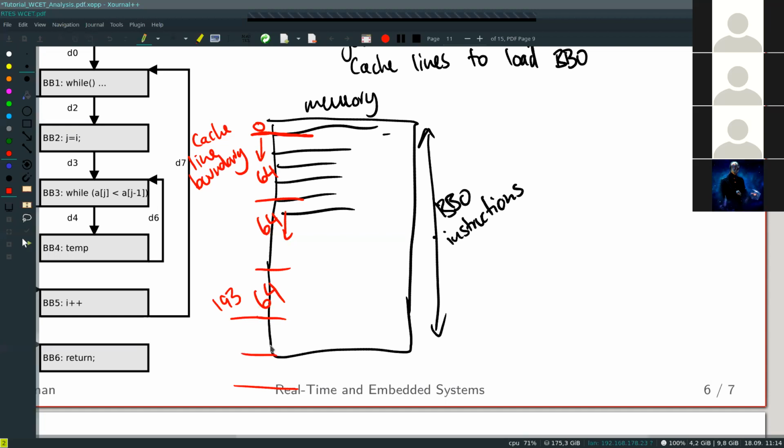So at most 1, 2, 3, 4, 5. We could possibly need 5 cache lines to store this basic block.